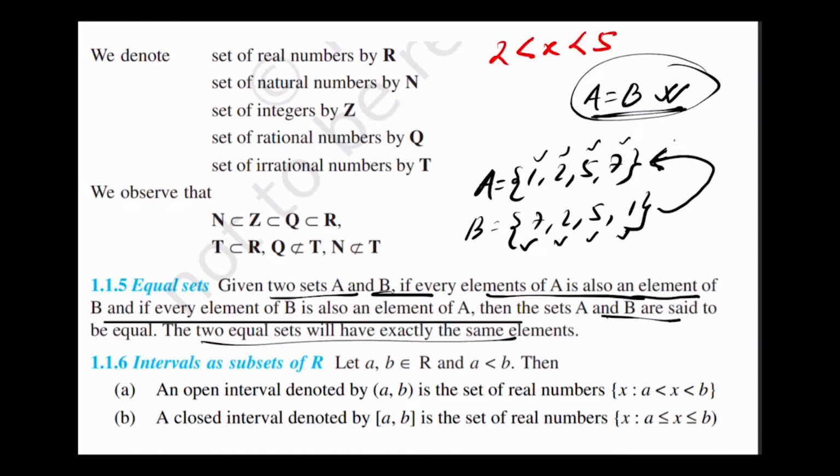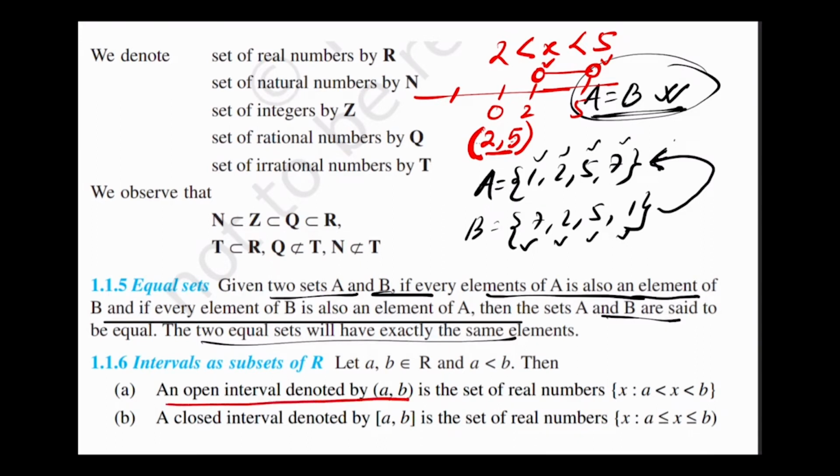How do we represent it on a number line? Let's say this is 0, this is 2, this is 5. We start from 2 and go till 5. We keep this open here and here, because it is not containing 2 and not containing 5. So we write it as open bracket 2, 5. It means everything between 2 and 5 except 2 and 5. The end values we are not taking, student. Understand it, very important.